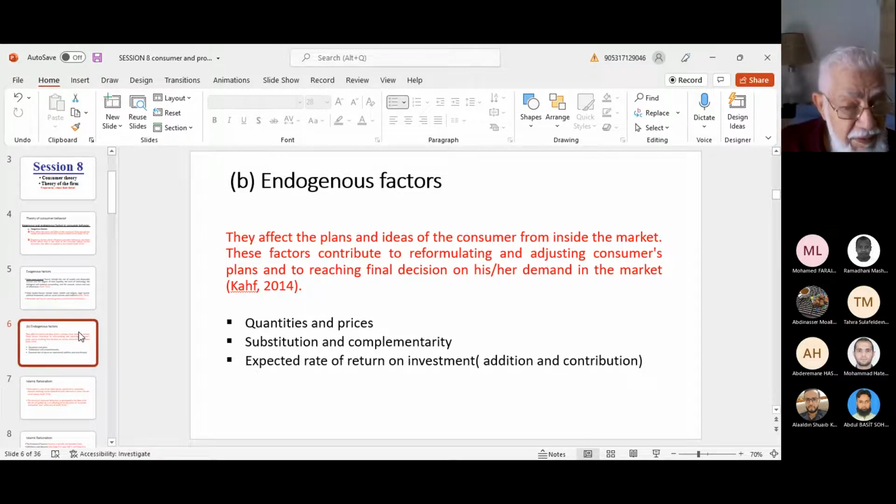So probably a third element also is important here, that in the almost neutral factors, you mentioned wealth. Wealth is rarely considered in the consumer theory. They focus essentially on income, not on wealth.